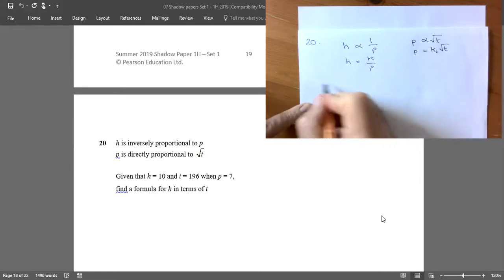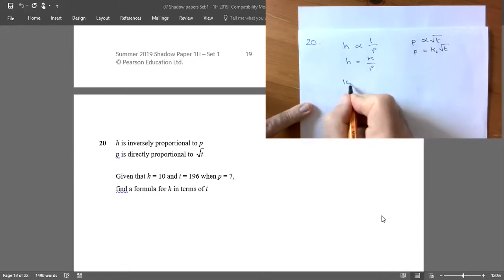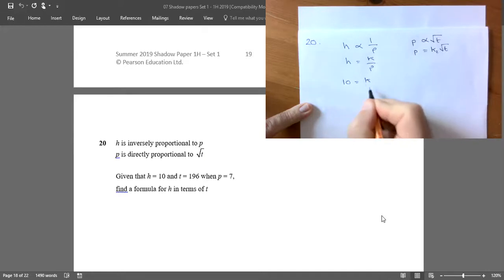So, when h is 10, some constant divided by 7, so 70 equals k. So on this side, h equals 70 divided by p.